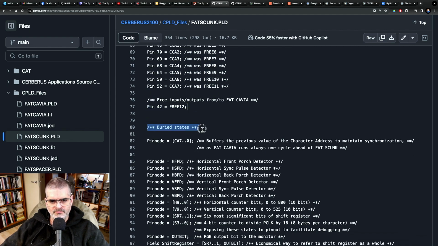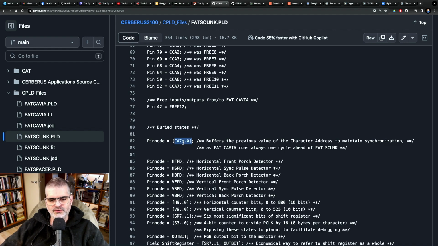And now the buried states, in other words, the flip-flops. Now I have eight flip-flops dedicated to latching and holding the character address, in other words, the character code that comes from Kavia. I'll explain why in a moment, but just to give you an idea, once Skunk latches a byte from character memory into its internal shift register, it gives a clock pulse to Kavia, so Kavia can go to the next address.